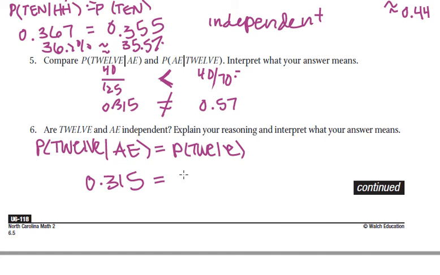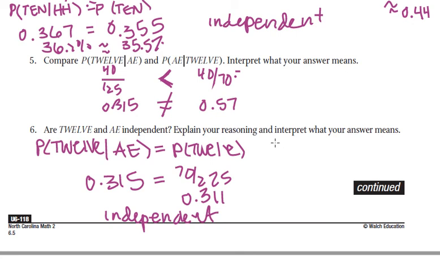Well, that was 70 over 225, and 70 over 225 is equal to 0.311. So that's 31.5% and 31%. So those are almost equal. Again, we would say that these are independent. So being a 12th grader is not impacted by one's academic achievement.